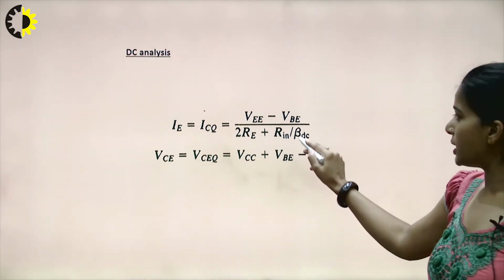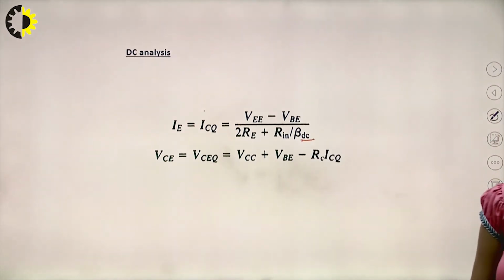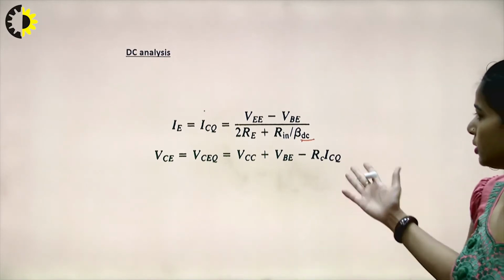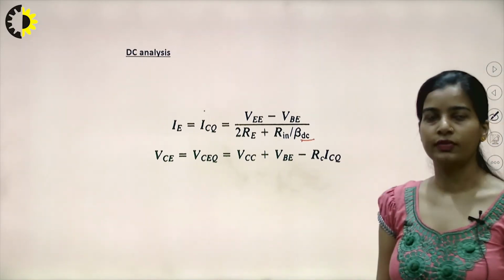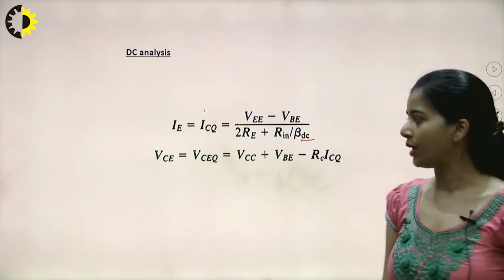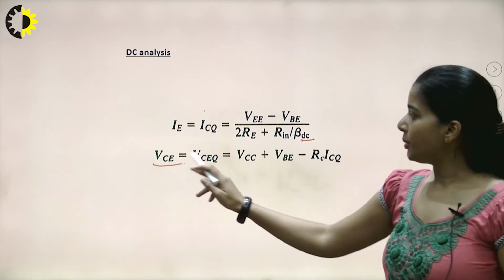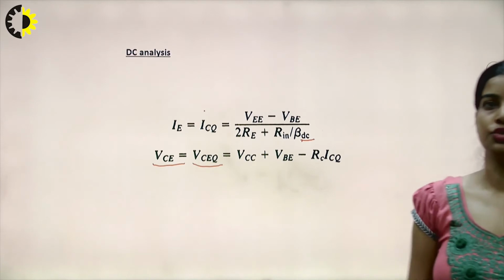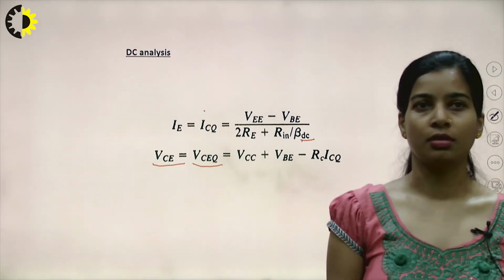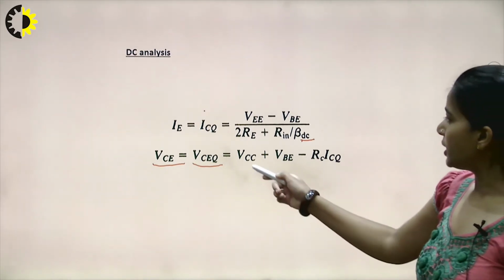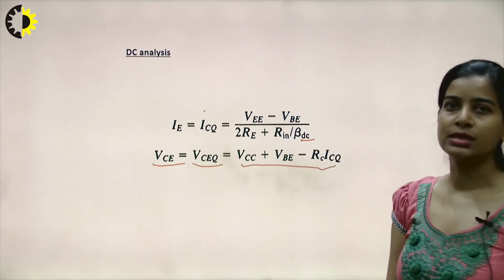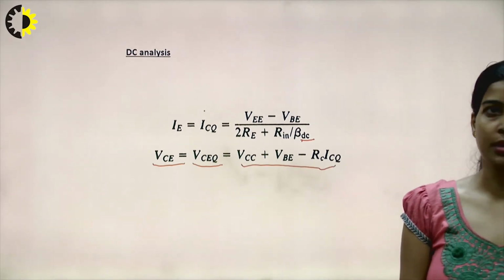Here this beta is specified as beta DC because here we are doing the DC analysis of this differential amplifier. The collector to emitter voltage, that is VCEQ, the quiescent value of collector to emitter voltage, we get as VCC plus VBE minus RC into ICQ.